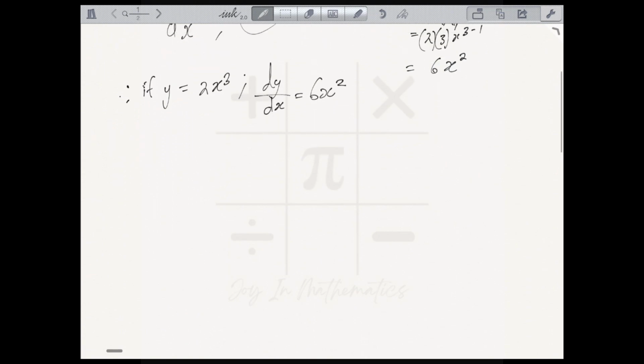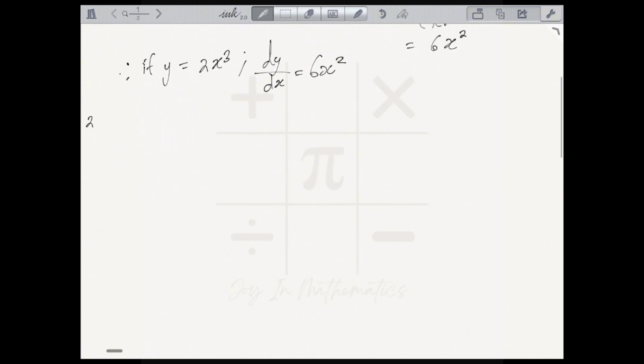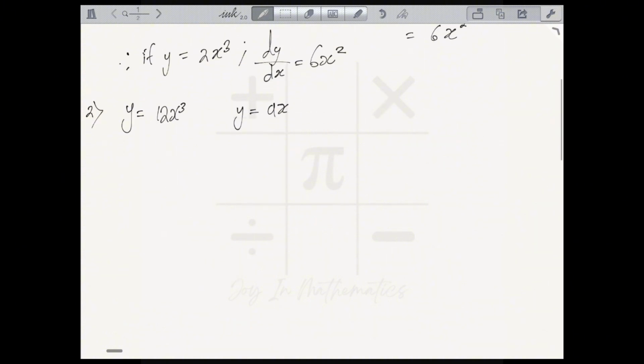Let's take another example. y is equal to 12x raised to power 3. Now we are comparing it to y equals ax raised to power n. Now we can see that our a is equal to 12 and our n is equal to 3. And we know that our differential format is an x raised to power n minus 1.